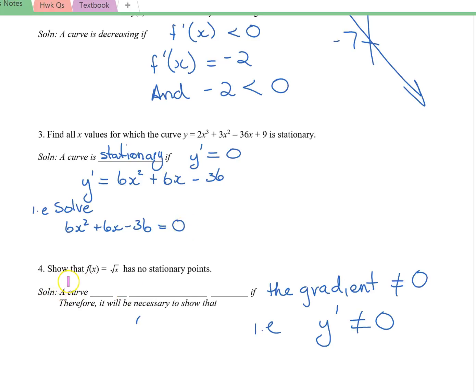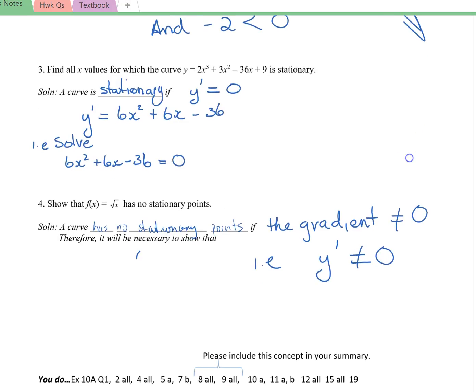Example 4 wants where this function has no stationary points. A curve has no stationary points if what? If the gradient never equals 0. Therefore, we'll be showing that the gradient is never 0. You'll need to rewrite that in the format f of x is equal to x to the half.